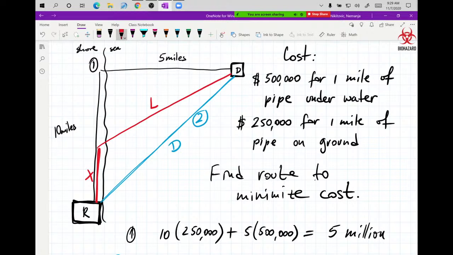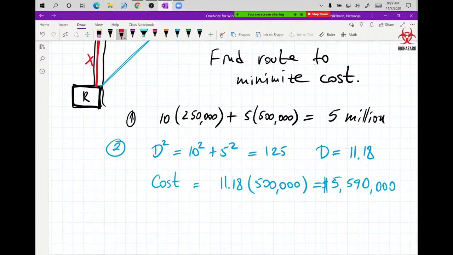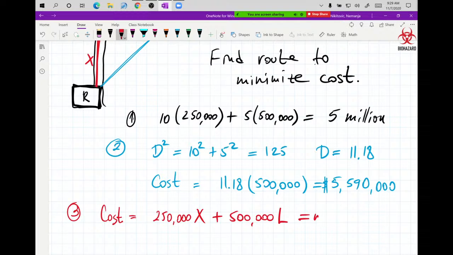So the objective for this third route is to minimize cost, and that is very simple. Your above ground cost times X plus underwater cost times L needs to be a minimum. So that's your objective. You want to minimize the cost of this.